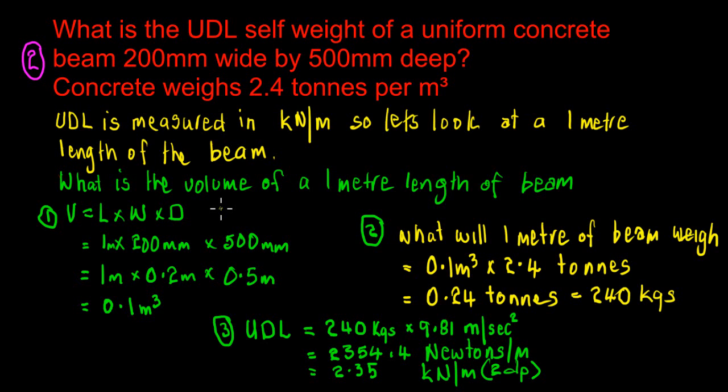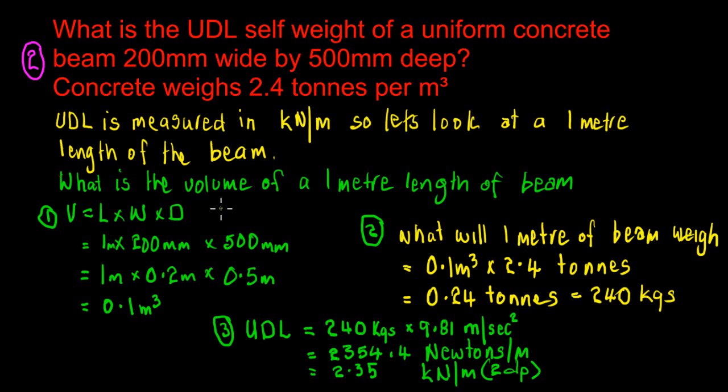2354.4 newtons per meter. But we want kilonewtons. Move the decimal place 3 places to the left, between the 2 and the 3. 2.35 kilonewtons per meter to 2 decimal places. Okay, and there we have the second scenario.